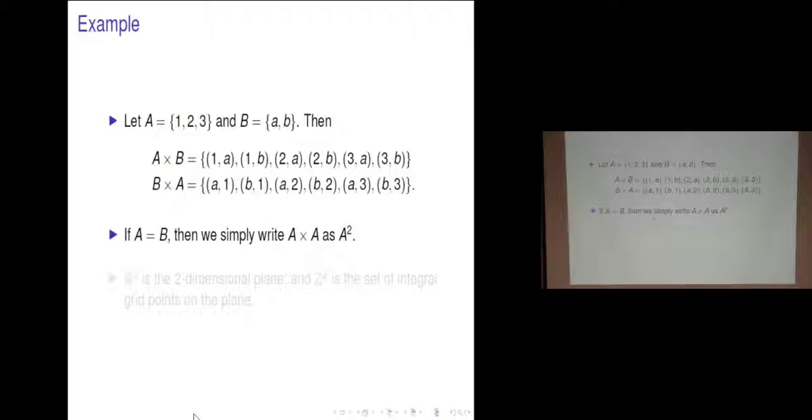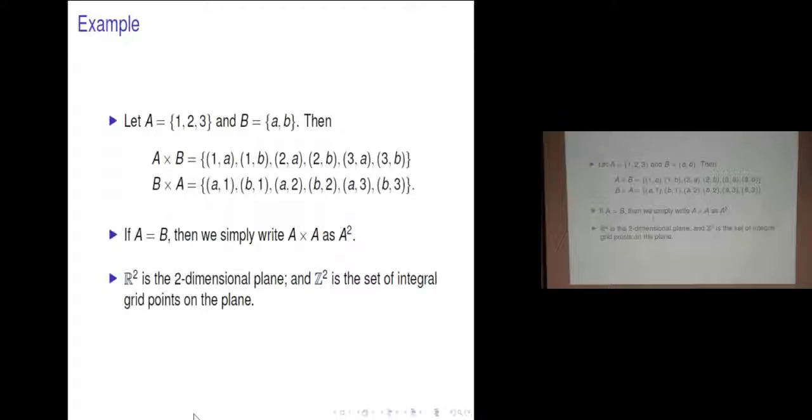Now, if the two sets are equal, we just write A squared, as A times A. For example, R squared is the usual two-dimensional space, we call it the Euclidean plane, or just the two-dimensional plane. Even if you are from engineering, I'm sure you have seen this.